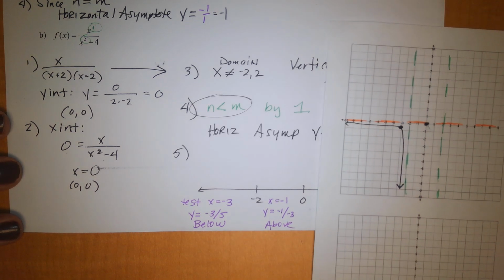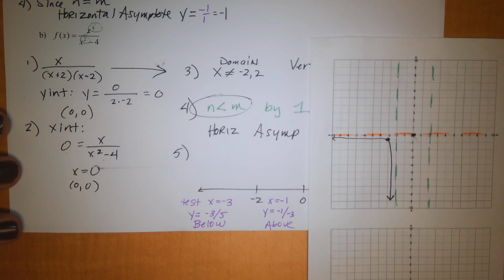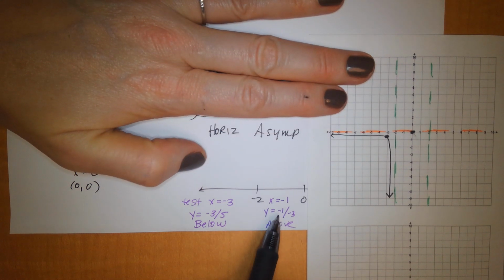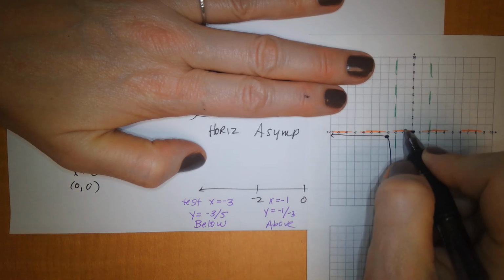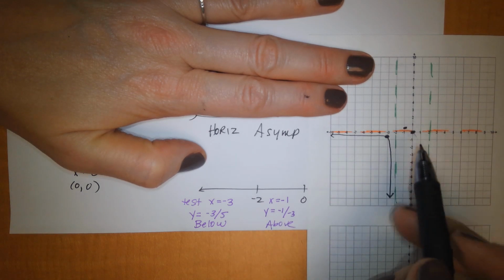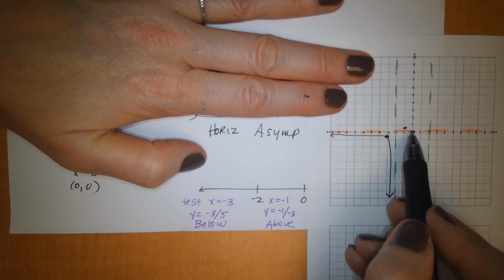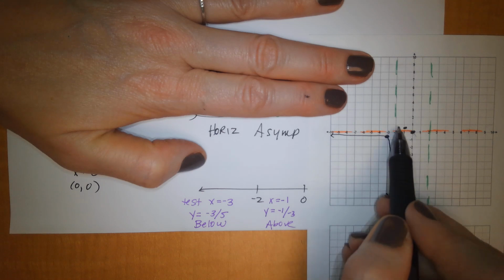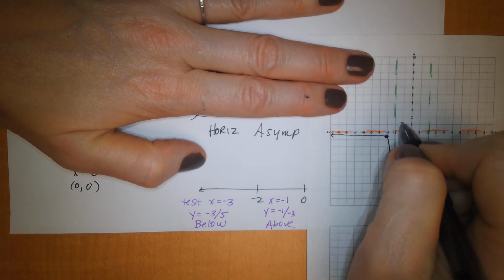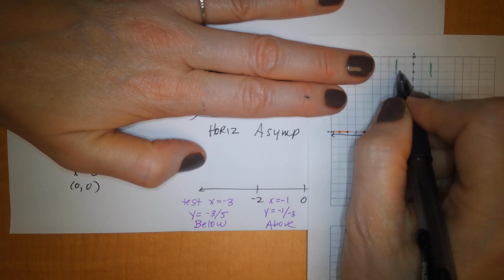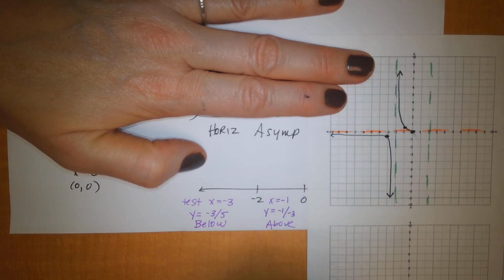So if I plot this point on my graph, at -1, we'll have a y of 1/3. So everywhere between -2 to 0, it will be above the x-axis, so that means it's going to be hugging this vertical asymptote.